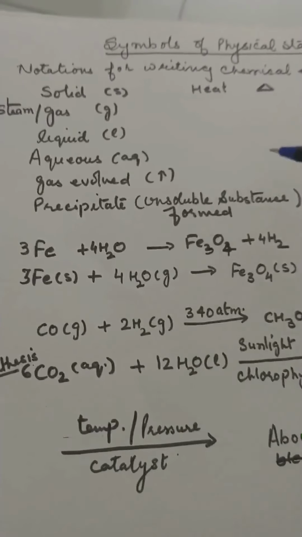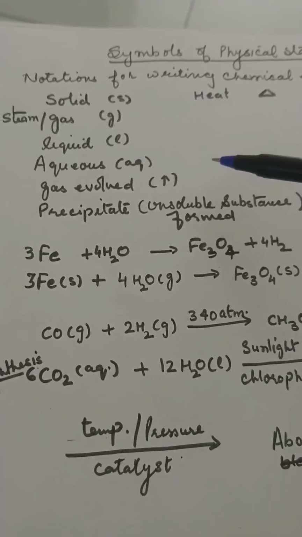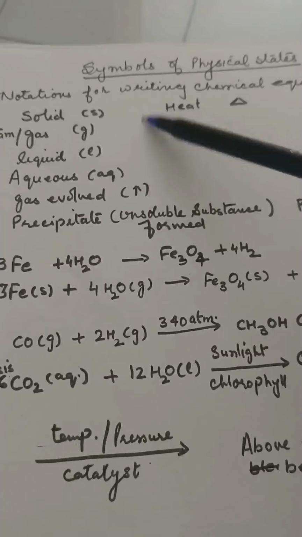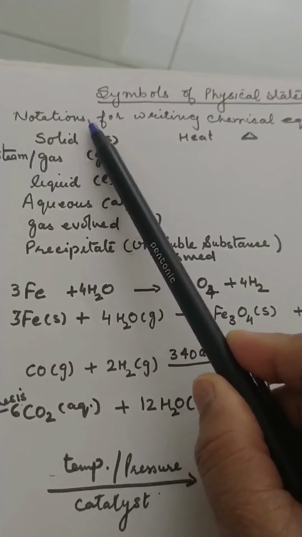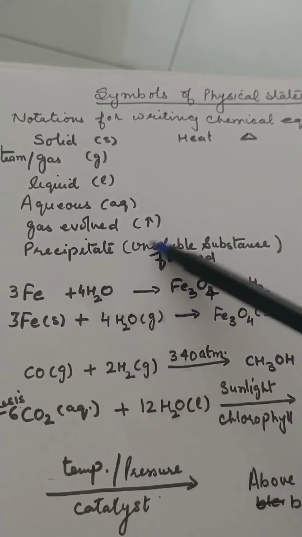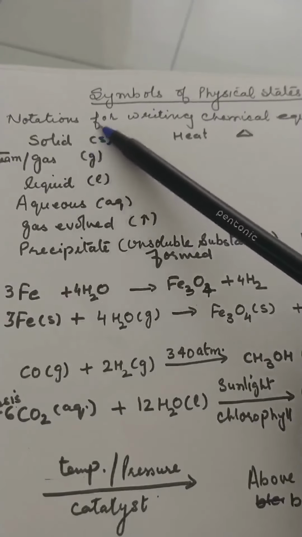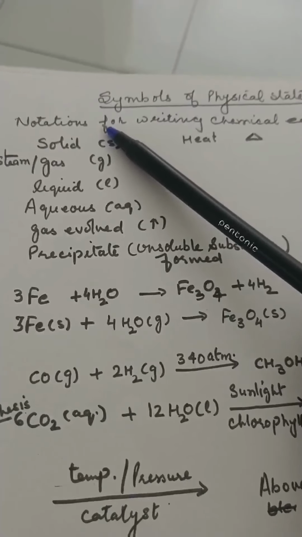As you have already studied in class 9th, there are solid, liquid and gas. So same thing which I have mentioned over here, but I have written notations. So these physical states are written in chemical reaction with certain notations to make it more concise.